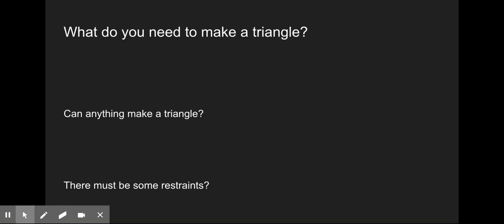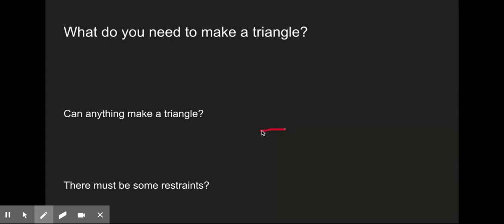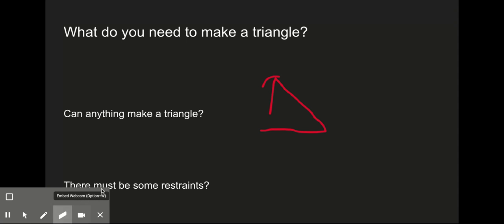Let's think about what we need to make a triangle. You need three sides, right? Does that mean any three sides can make a triangle? Of course not. There must be some constraints, right? If I go like this, not a triangle, right? That side was too short, okay? We're also going to say that you can't do this, right?